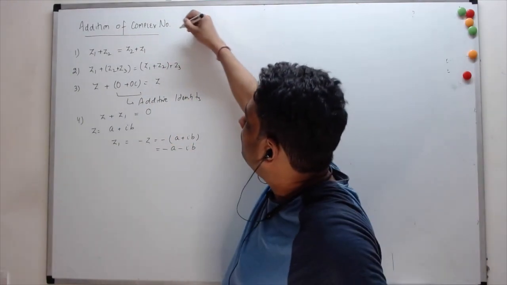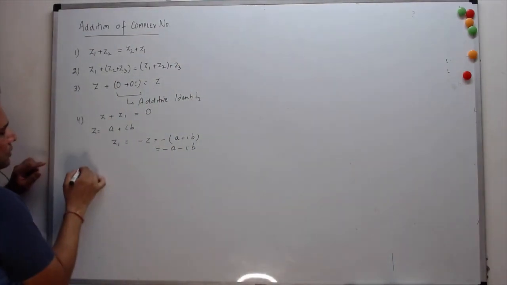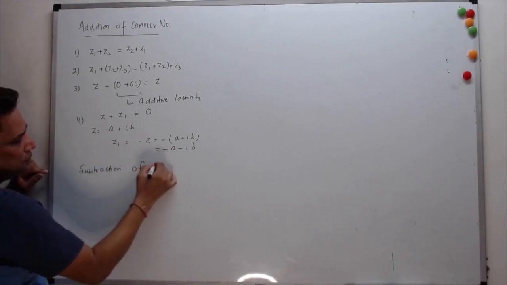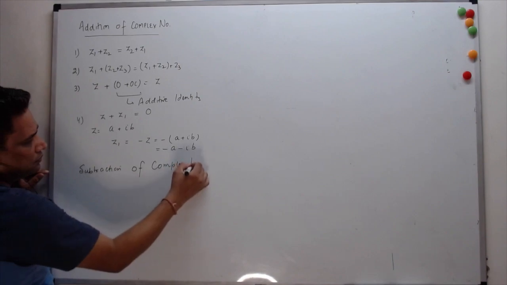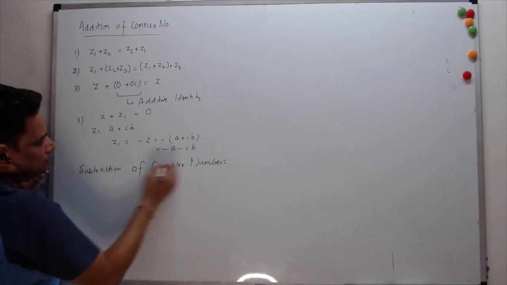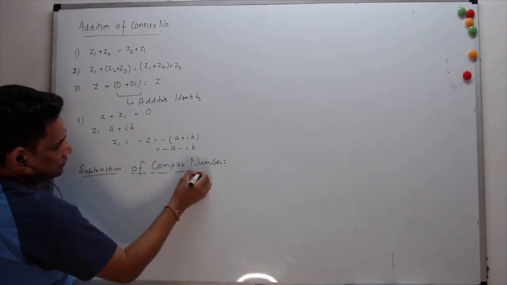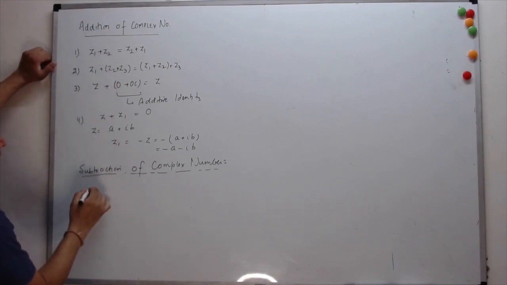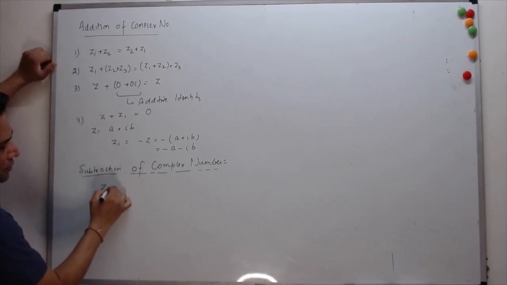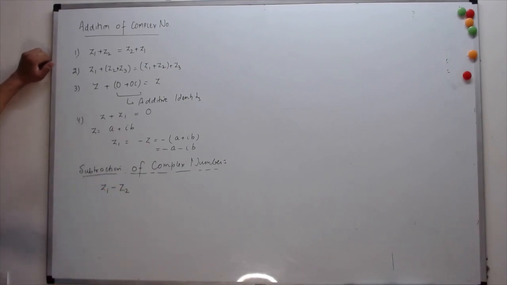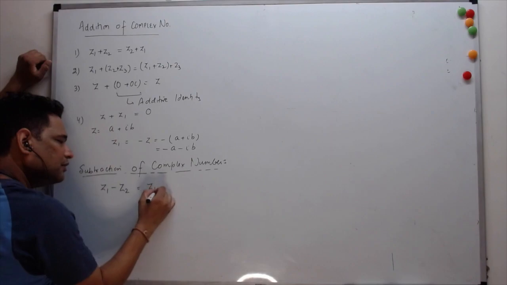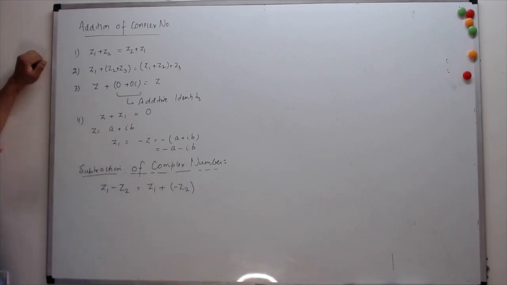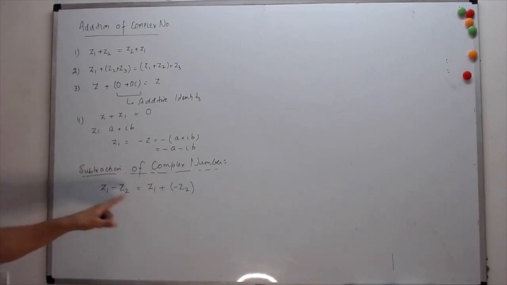What you would notice in the case of subtraction of complex numbers is that it's actually the same as addition, except that when you do z1 minus z2, what we are basically saying is that z1 plus the additive inverse of the complex number z2 is added to it.